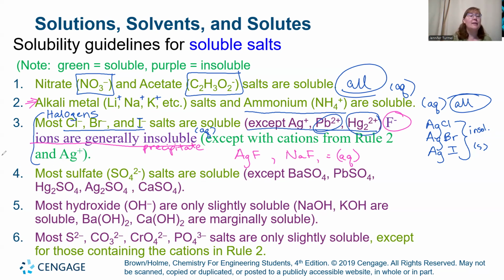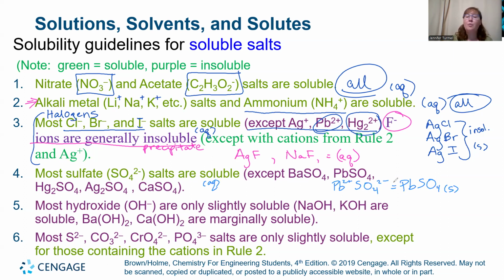All right. So let's take a look here. The next one we have is our sulfate. So most sulfate salts are soluble, aqueous, except barium sulfate and lead 2. So remember, this is lead 2, SO4 2 minus and Pb2 plus, and this comes together to form PbSO4, and it's going to be solid because it's insoluble.